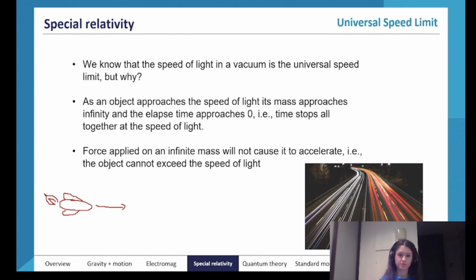Because you're still seeing light travel at the same speed as somebody who is standing outside of your spaceship and is not moving. Somebody standing outside still sees light travel at the same speed, which means your actual perceptions of time need to make up for that.